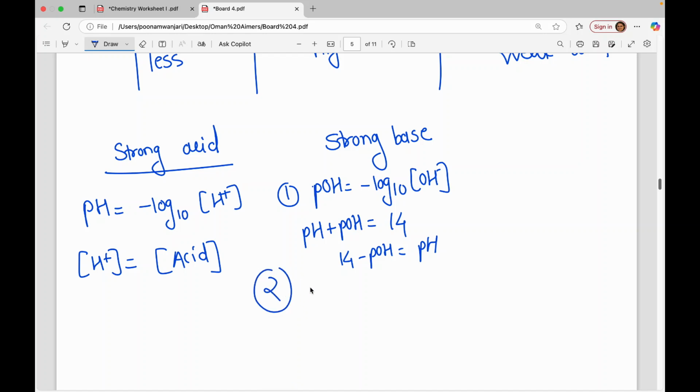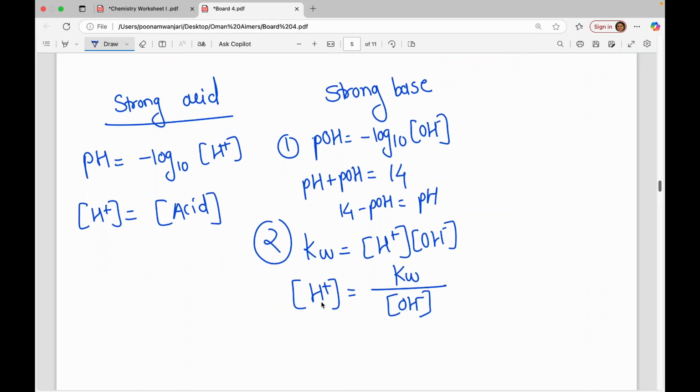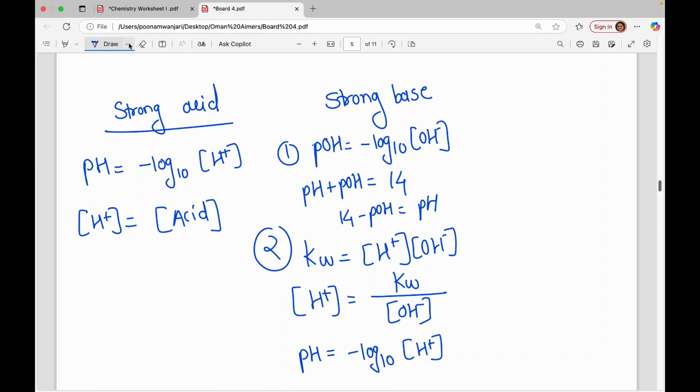Another formula is Kw is equal to, that means ionic product of water, H plus times OH minus ion. From here you will calculate H plus: ionic product of water over hydroxyl ion concentration. And student, after getting H plus, again use the formula pH is equal to negative log to the base 10 of the concentration of H plus. Third is weak acids. For a weak acid, how will you get the concentration of H plus?